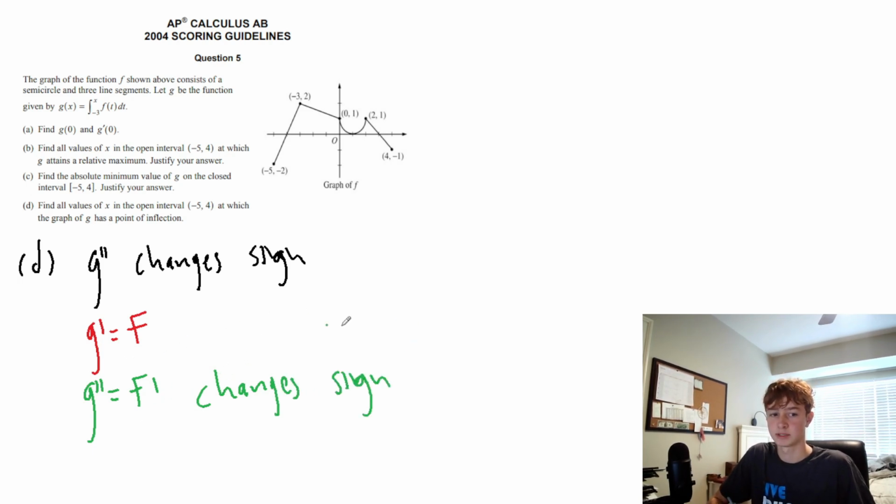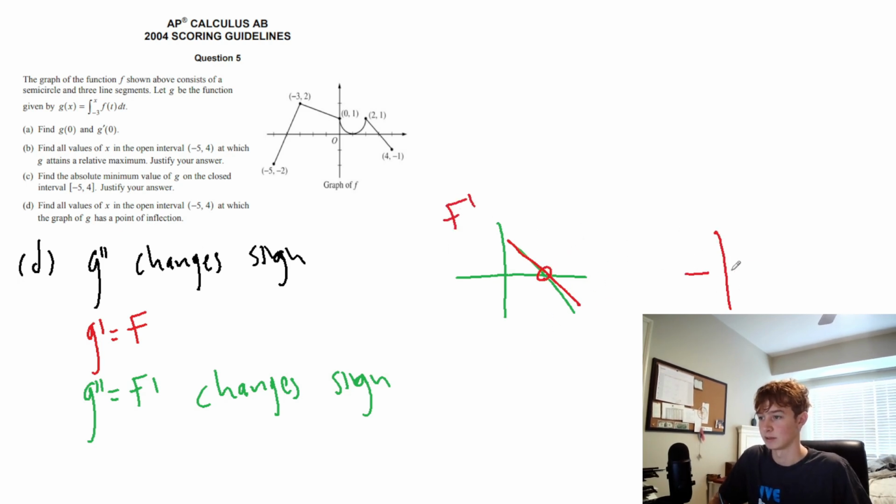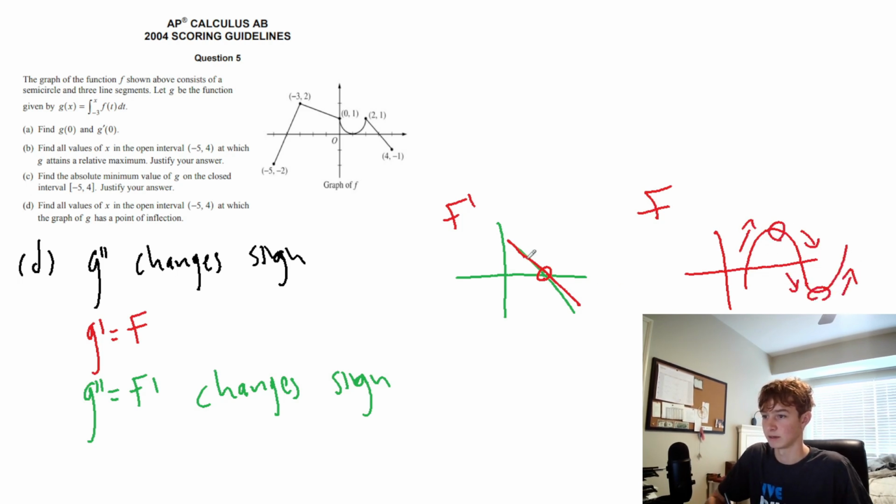And if f prime is changing from positive to negative, like at this point here, what that means is that on the graph of f, it's changing from increasing to decreasing, or from decreasing to increasing. That's the equivalent of f prime changing sign.